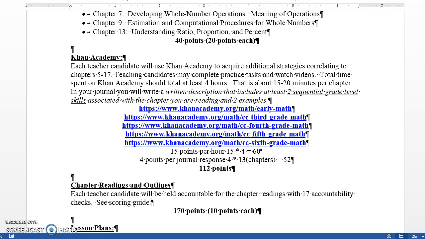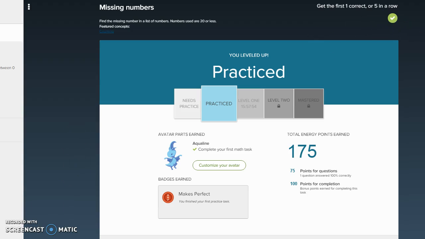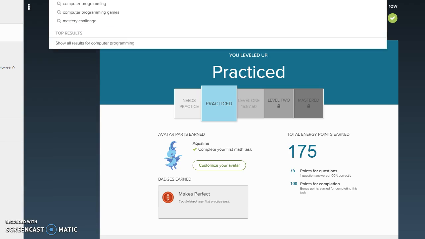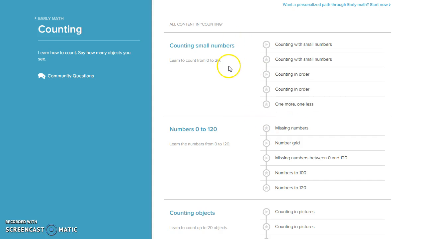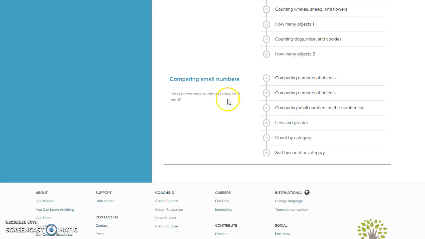So knowing that, I can go to Khan Academy, and now I can look for something a little bit more advanced with counting. So I can go back and search counting again. And then this is, again, something sequential and counting in small numbers or comparing small numbers.